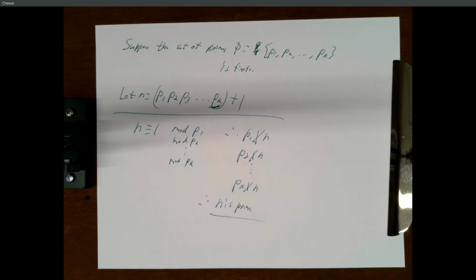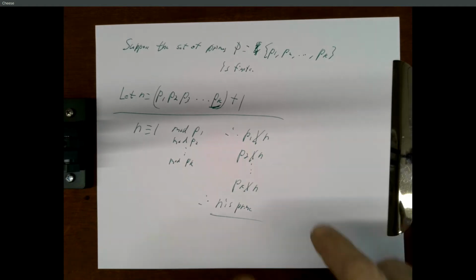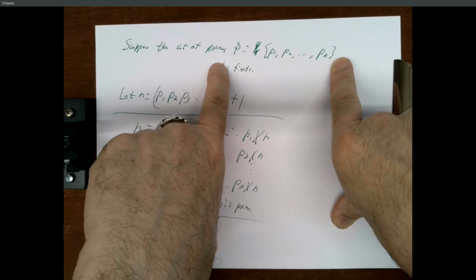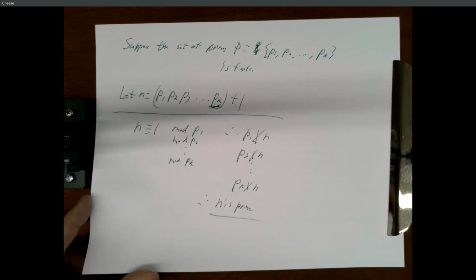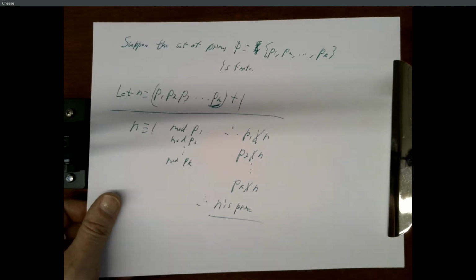Either you've got a prime number, or you've got something that's divisible by one of your other primes, which isn't possible. So that proves that this set cannot be finite, so there must be an infinite number of primes. So that's a nice proof by contradiction.